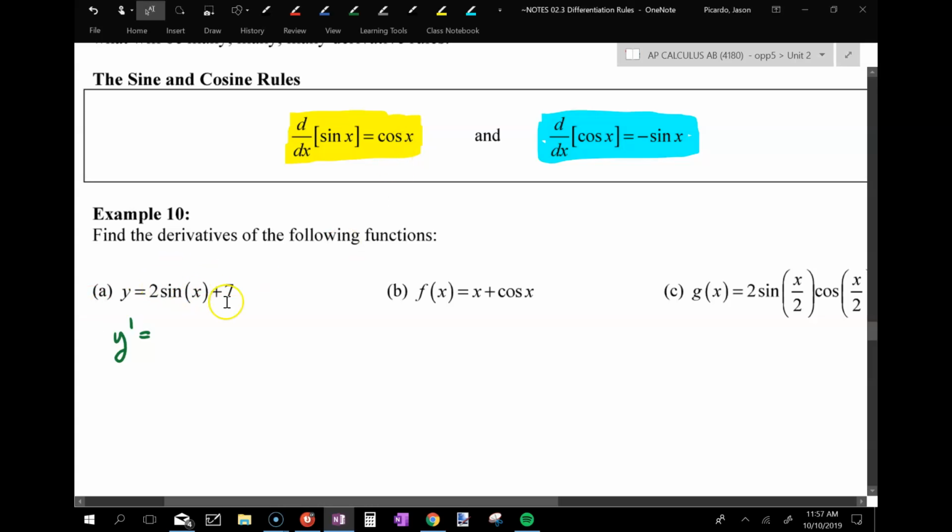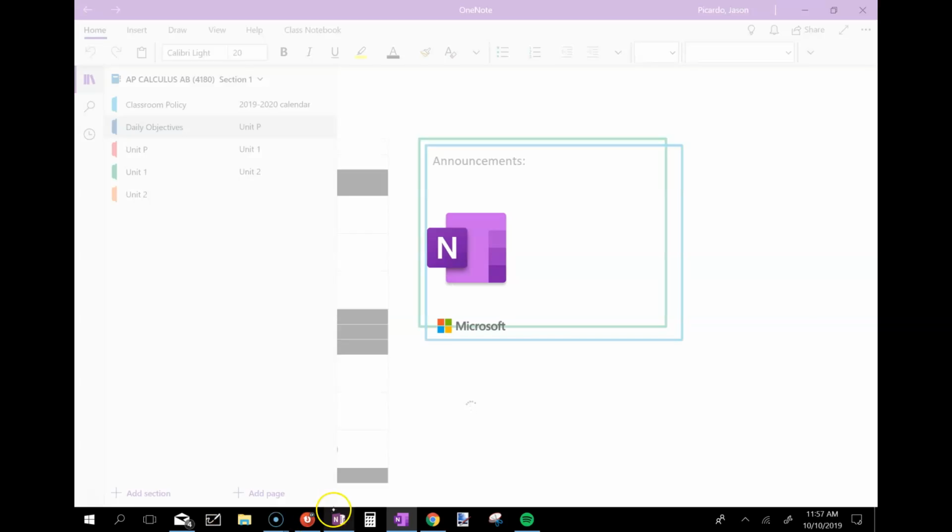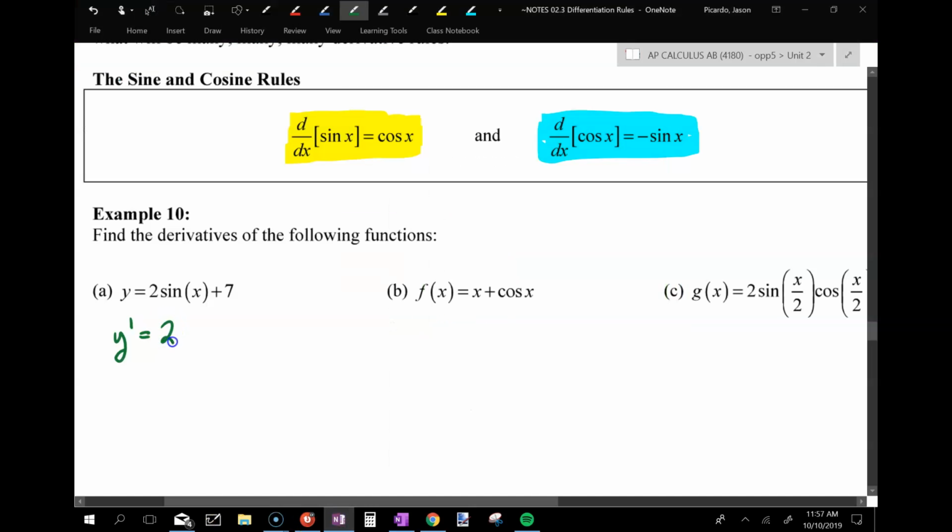So if I have 2 sine of x, the derivative is going to be 2 cosine of x. And that's a new rule also, guys. When there's a number in front like that, it's just a constant multiplier. You're going to keep it. Okay? Guys, what's the derivative of 7? 0. Yeah, so this is my answer.